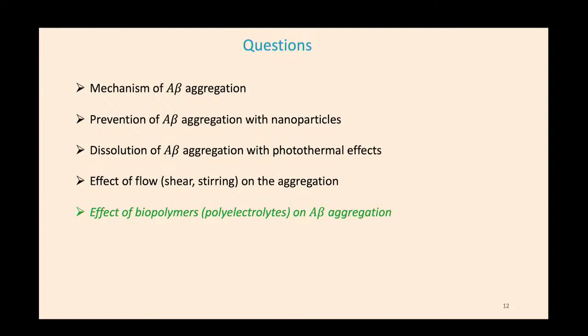We are also interested to know whether these aggregates are affected by flow conditions, shearing effects and other fluid mechanical aspects. And finally, there are a lot of biopolymers in our body that can also interfere with amyloid beta aggregation, so what does that affect? These are the set of questions that we have been looking at in the last 5-6 years or so.